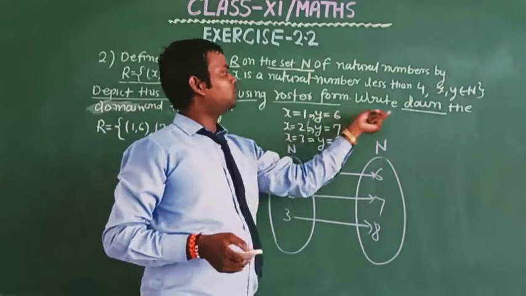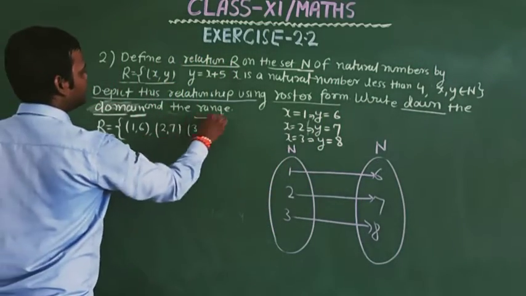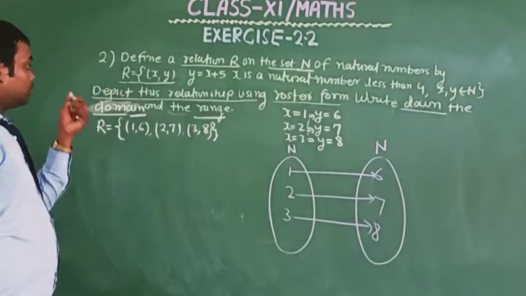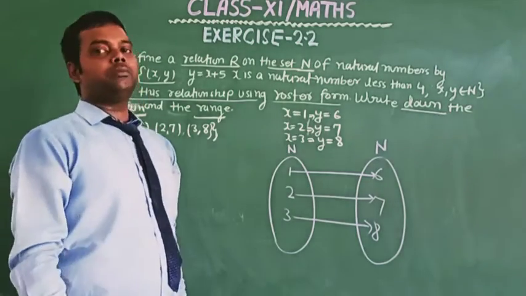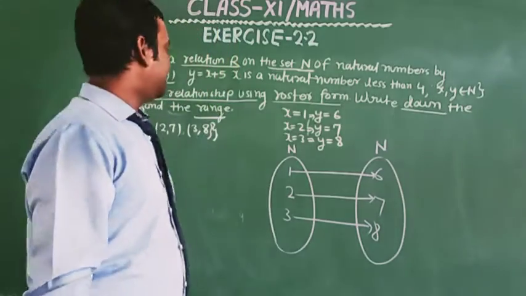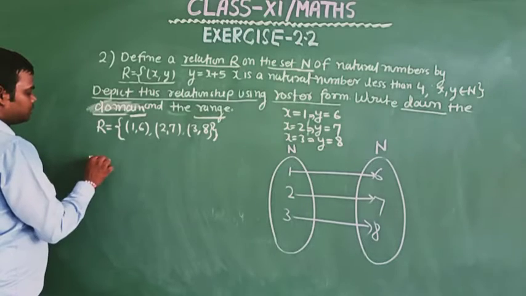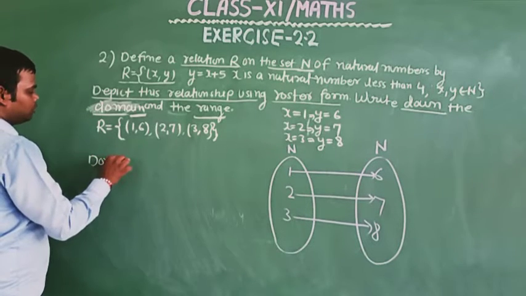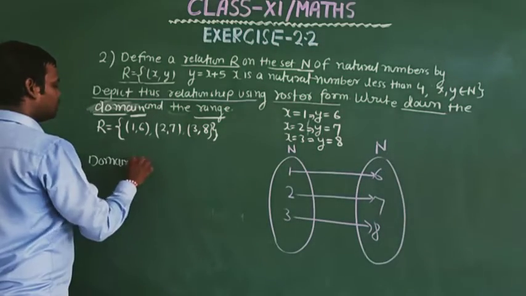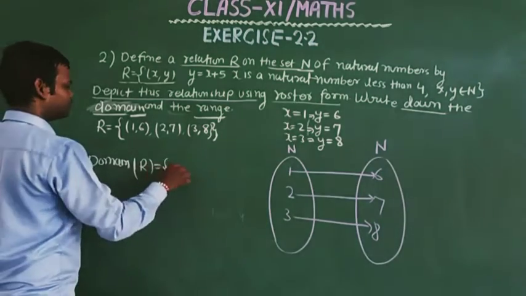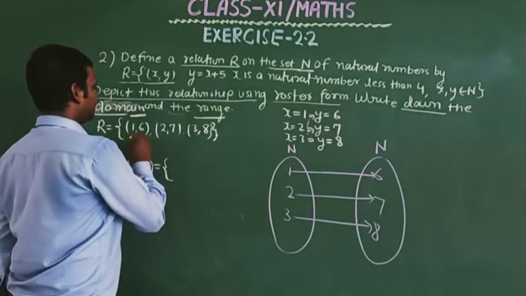Now write down the domain and range. The domain is the set of all first elements of the ordered pairs in a relation. So domain of R equal to all the first elements of the ordered pairs.